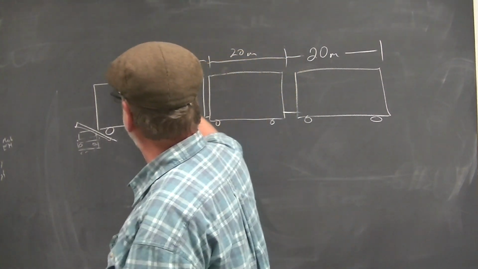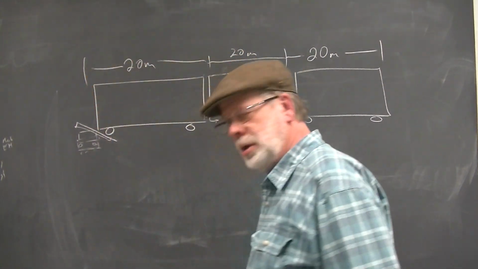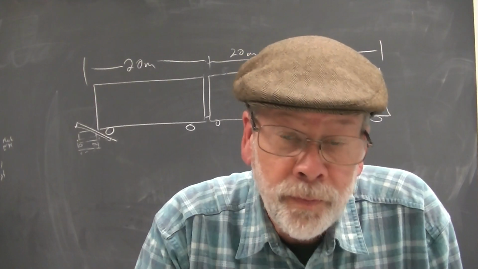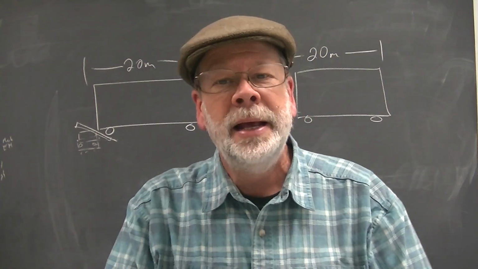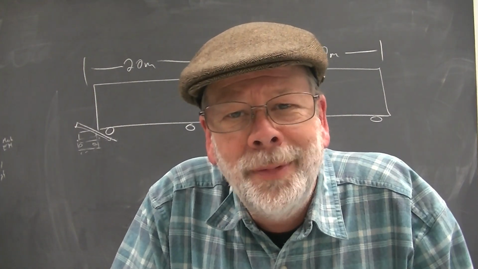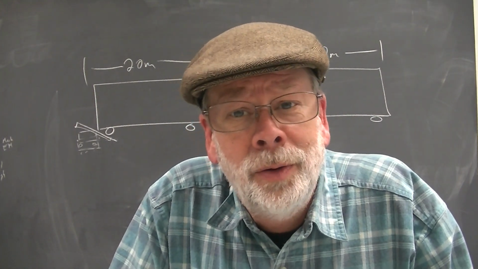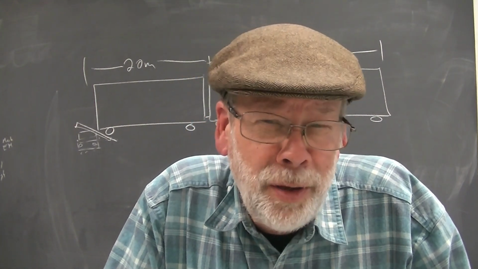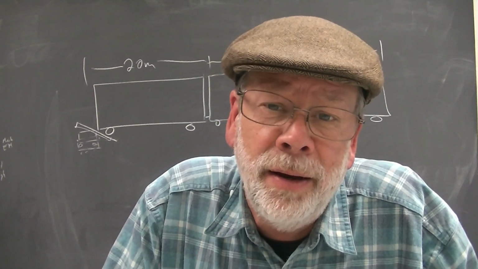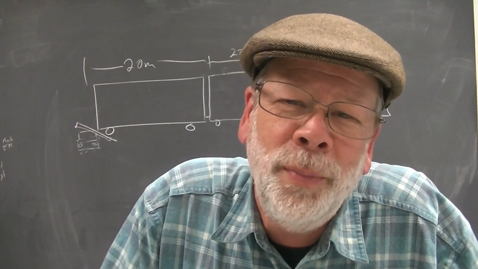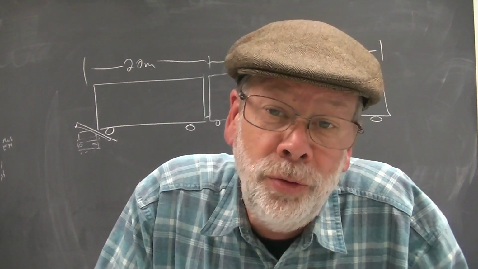And if 3 of those cars pass you in 1 second, each car 20 meters long, how fast is that train going? Can you figure that out? Well, I think you probably came up with 60 meters per second. Let's look at the formula we figured out to do that, okay?